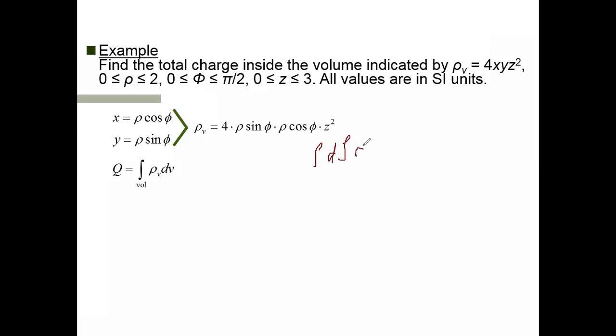Very good, you are remembering this. So dv will be like this.